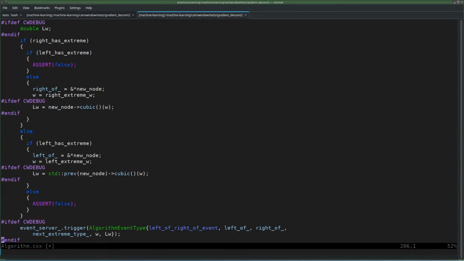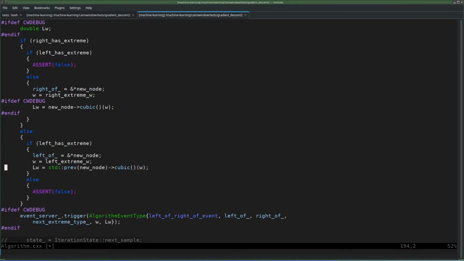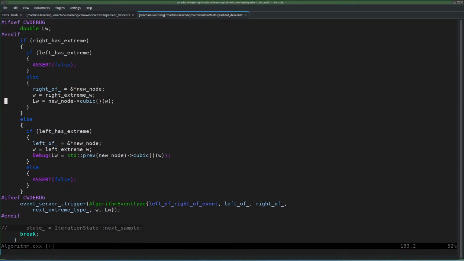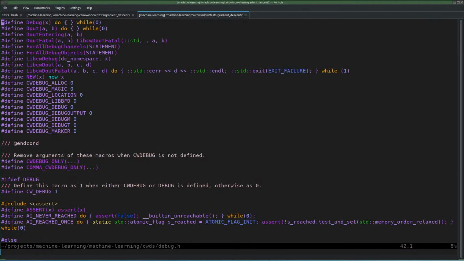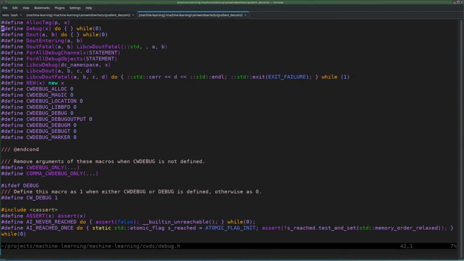It looks a bit ugly. I can do debug. I think debug makes its own scope though.